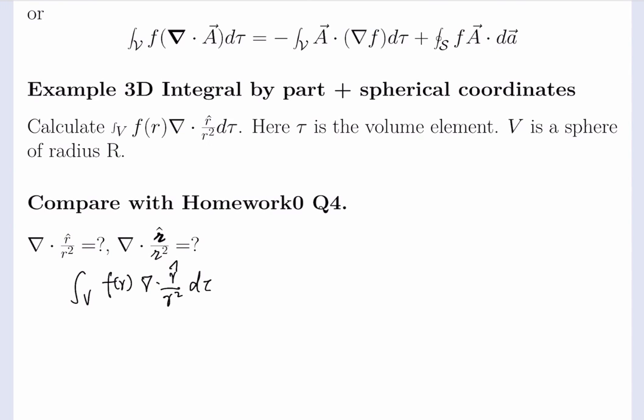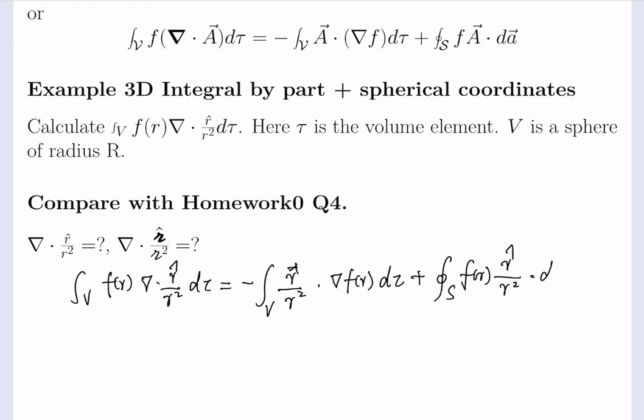D tau is the volume element, and it can first be written down as the volume integral of A dot, sorry, so this A should be r hat over r squared, dot del f(r), and we do this volume integral plus the second term, the surface integral, which is f(r) times r hat over r squared dA.